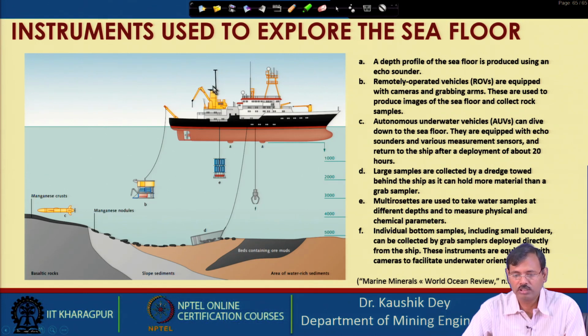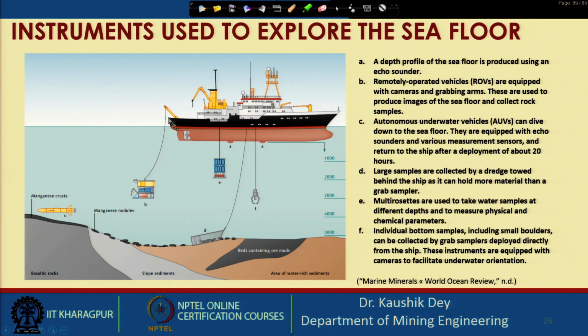So, these are in general the instruments used to explore the seabed. Basically, grabs etcetera are used. So, let us read this out. Generally, echo sounders are used to identify the depth of the bed.